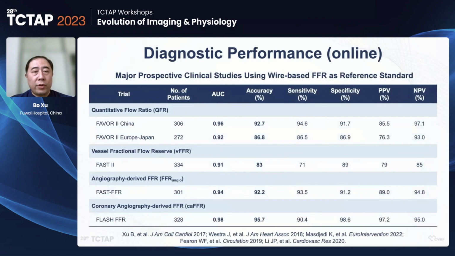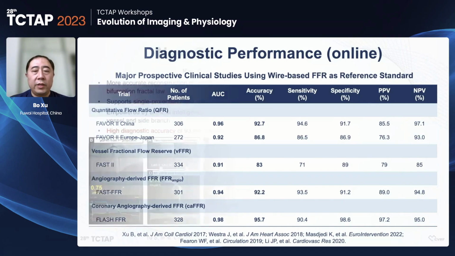This slide summarizes the online diagnostic accuracy performance from major prospective clinical studies using wire-based FFR as a reference standard. All these four systems demonstrated excellent accuracy, sensitivity, and specificity.